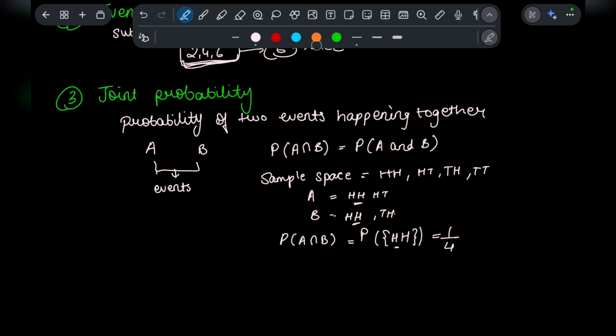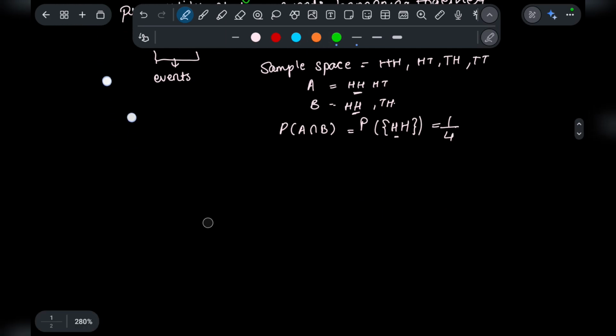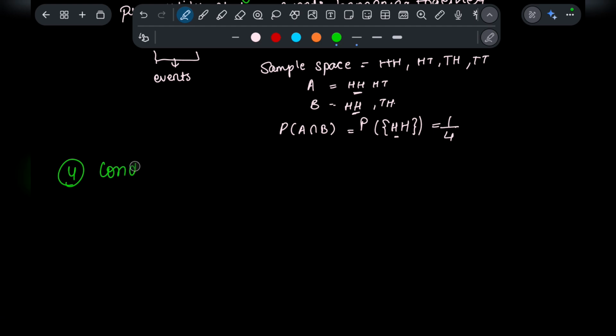Now let's talk about another probability, which is conditional probability. By definition, it is the probability of event A given that event B has already occurred.